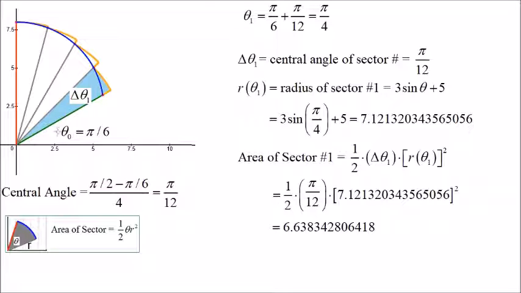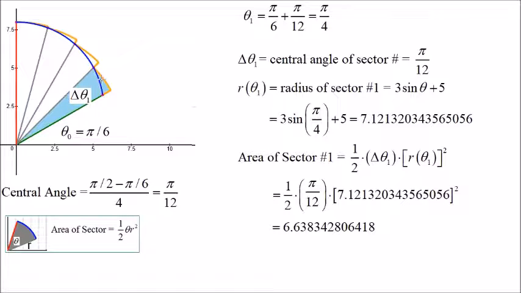And this is pi over 6, and this is pi over 12. If we do pi over 6 plus pi over 12, we get pi over 4. So the angle from the x-axis to this line is pi over 4.